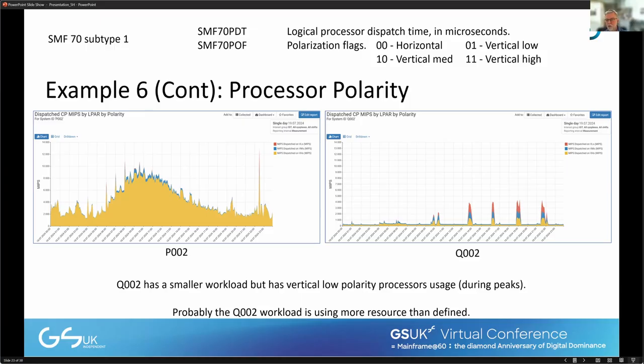And then, of course, what can we do about it? So my last statement there is probably the Q002 workload is using more resources than defined for those peaks. And quite often we define resources for the activity across a day boundary rather than for a specific peak. So sometimes this is actually understandable.